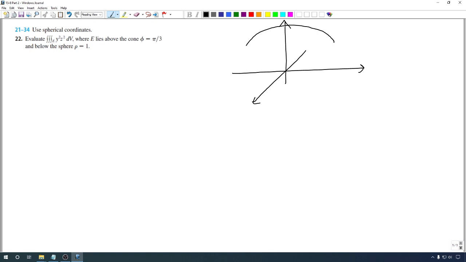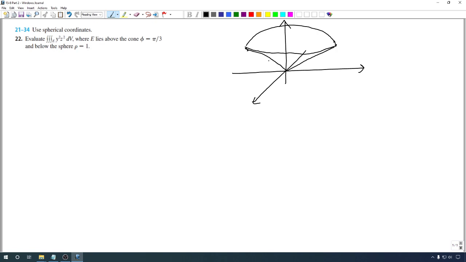So we start here and go down by an angle of pi over 3. Remember, phi equals a constant is a cone. So we have a conical base, but then we have part of the sphere at the top, and that is the E that we're looking at.